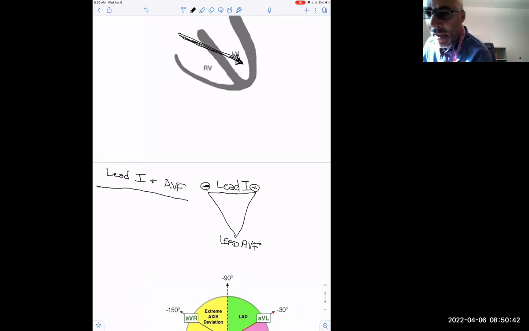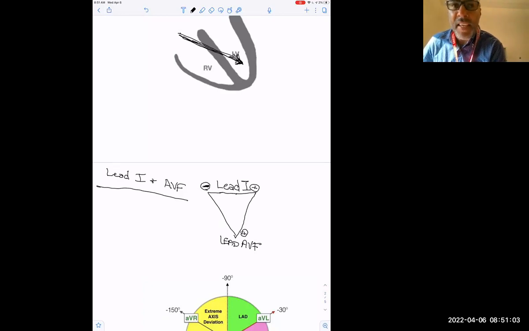And with AVF, the negative lead of AVF is on the right shoulder, and the positive lead of AVF is on the left foot. Okay.